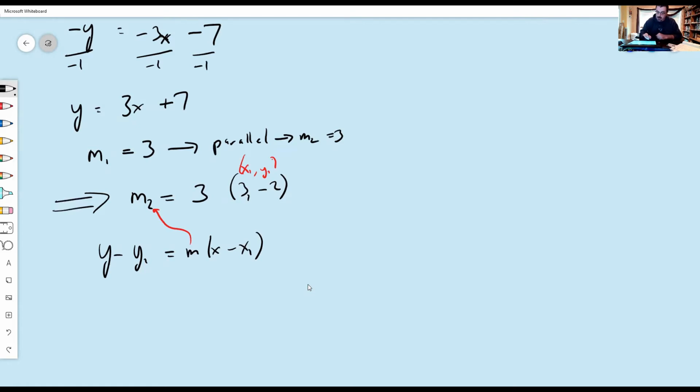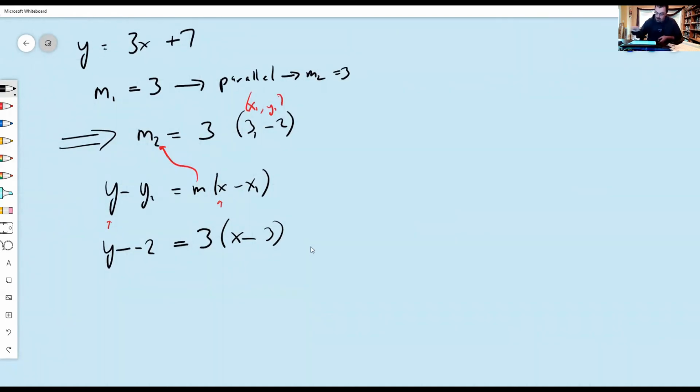The normal y and the normal x don't have any subscripts on them, so they're going to stay the same. So y minus minus 2 equals 3 times x minus 3, or y plus 2 equals 3x minus 3. This is the equation of a line in the point-slope form.